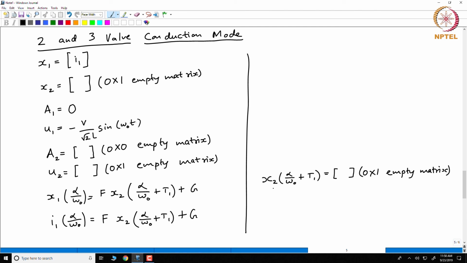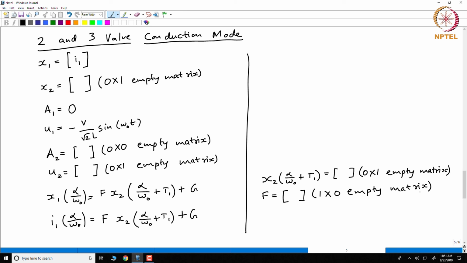So what is the size of F? 1 cross 0, so it's also an empty matrix. Now you see that in the first term on the right hand side, F is empty, x2 is empty, but the product of F and x2 is non-empty.